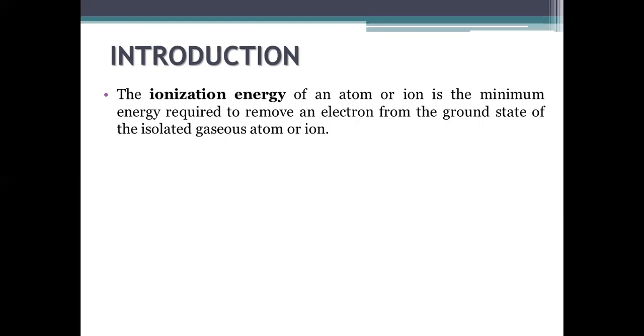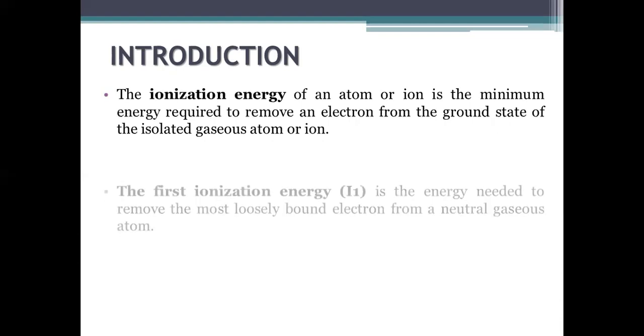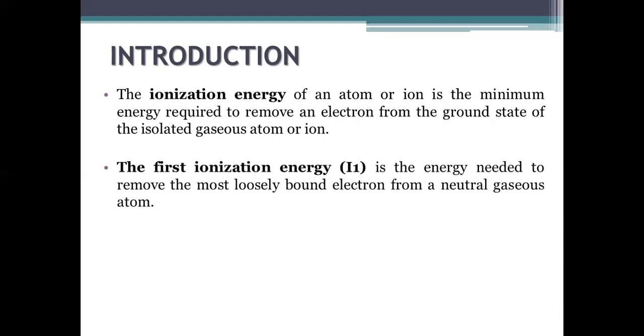So we already know what is meant by ionization energy. And what is called the first ionization energy, I1? The first ionization energy is the energy needed to remove the most loosely bound electron from a neutral gaseous atom. This is very important, guys.